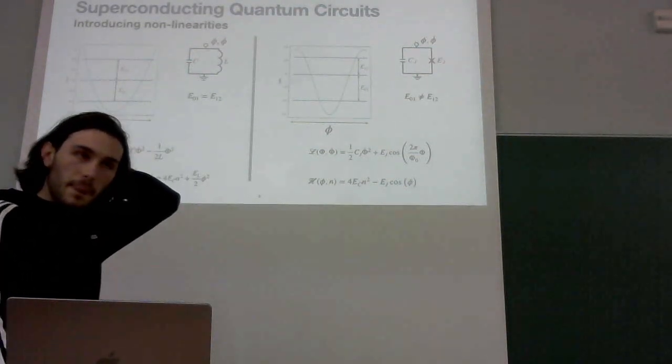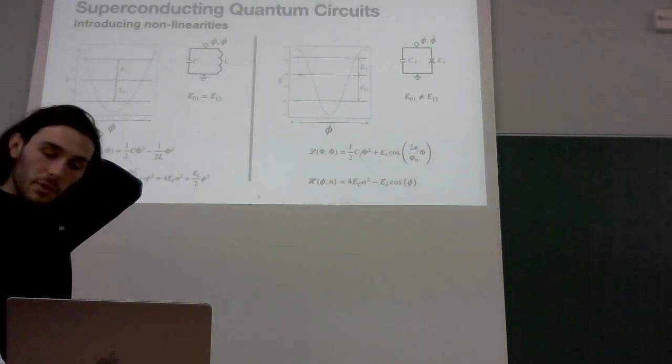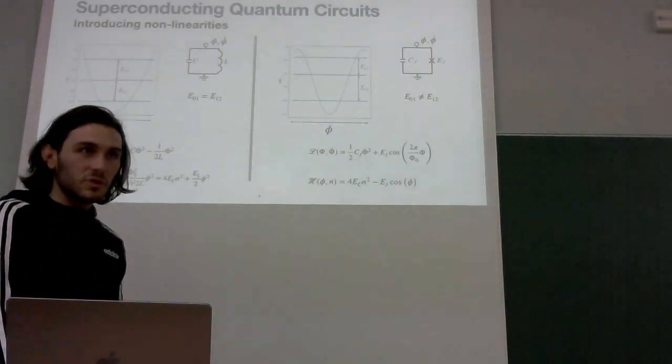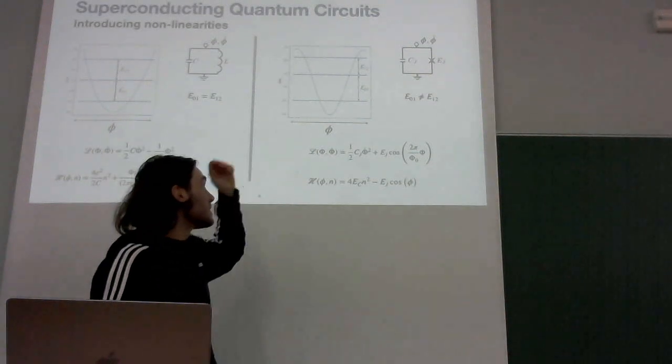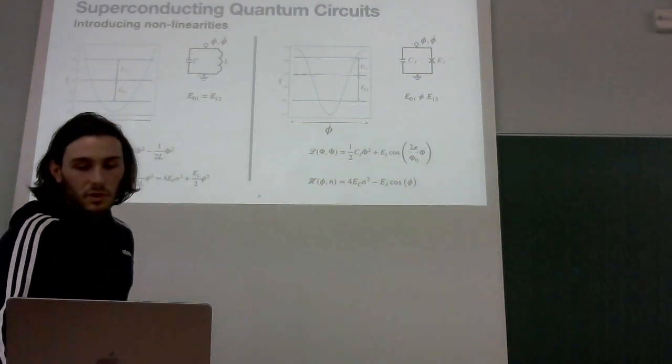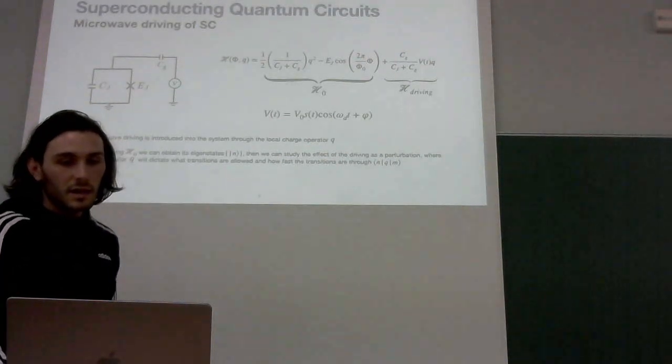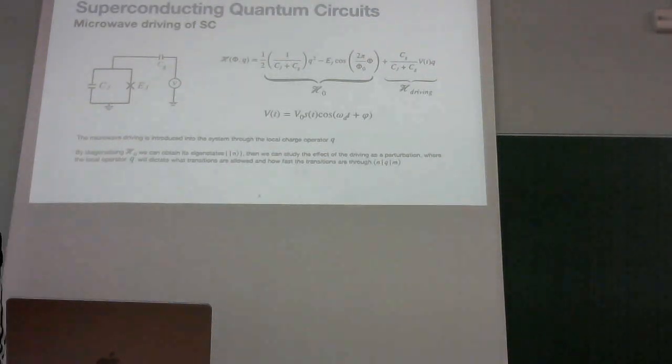So now the point I want to cover is what I'm talking about when I refer to a driving to drive the first transition. When I'm talking about the driving, I'm talking about a classical microwave source capacitively coupled to the node.